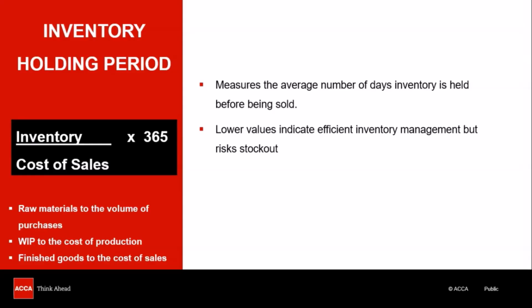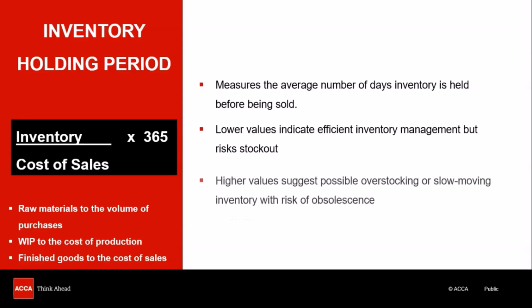So over here, if the inventory holding period value is low, it normally indicates that the inventory is being efficiently managed. However, there is always a risk that an order will come up, the sale will be made, and then we will not have sufficient inventory left in our storeroom to manage the future orders immediately. So there is a risk of stock out.